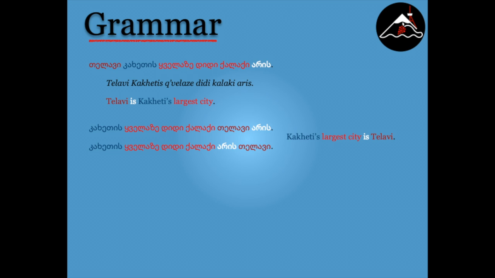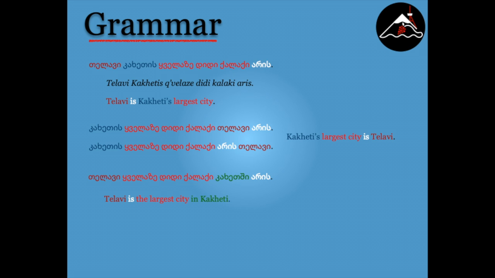Notice how the only thing which changed is the position of aris and Televi. A fourth way to say this is Televi qvelaze didi kalaki Kacheti aris. Televi is the largest city in Kacheti.